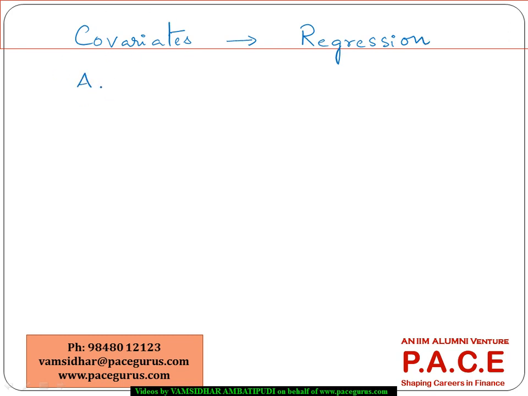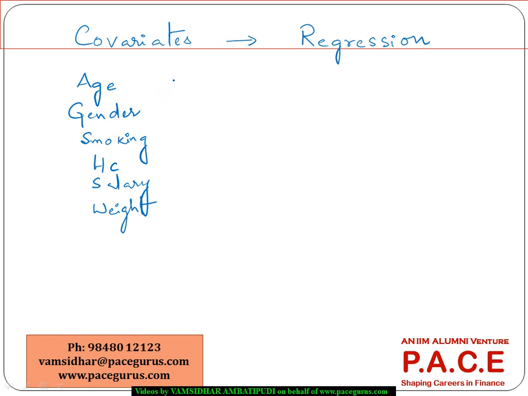I can talk about all the entries that differentiate people: age, gender, health status, smoking status, health condition, salary, or weight. All these things could be the differentiators, and any differentiator among the people whose data we gather for the purpose of mortality investigation, we call covariates.